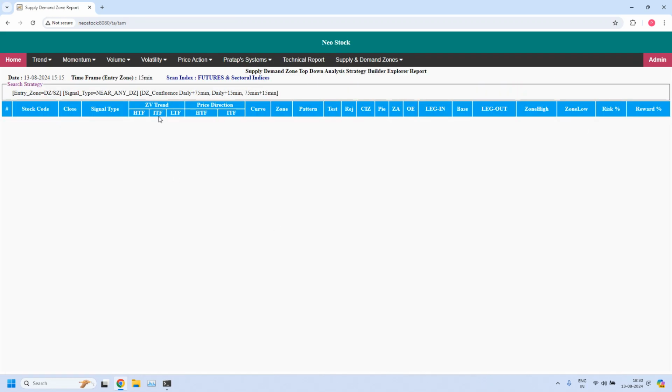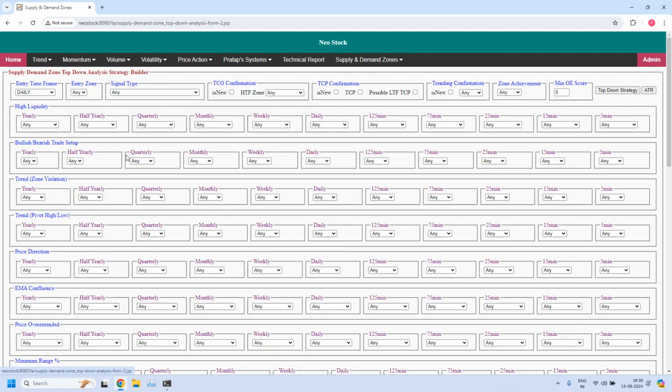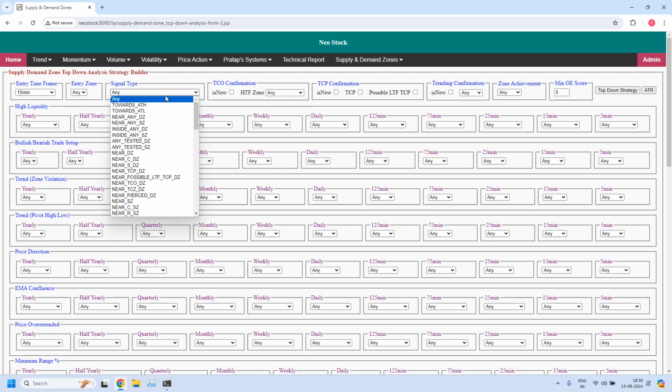So none of the stocks are in demand zone confluence, daily, 75 minutes and 15 minutes, it's not supporting. Only those 2 stocks are having confluence with ITF time frame, that is 75, what we have seen in the previous report.